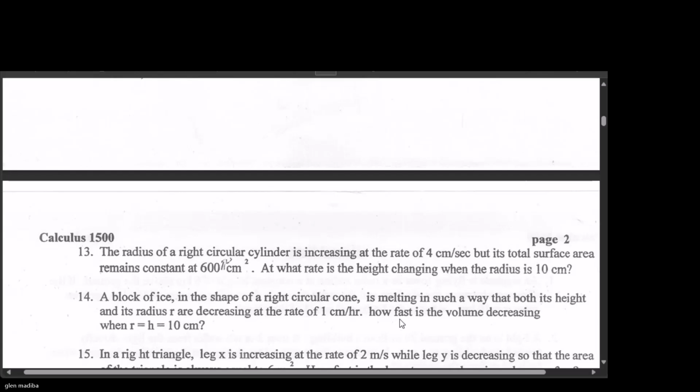Because I was looking for dr over dt, I took it to that side, and said dV over dt times 1/(100 pi) is equal to dr over dt.